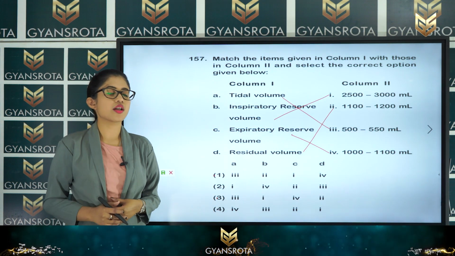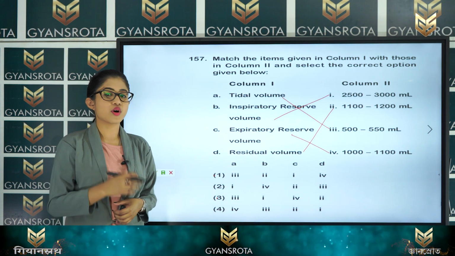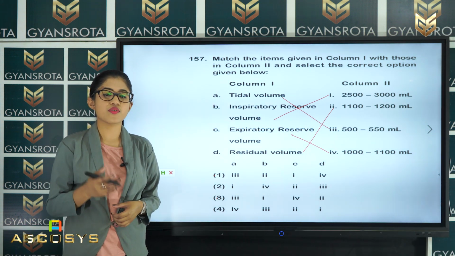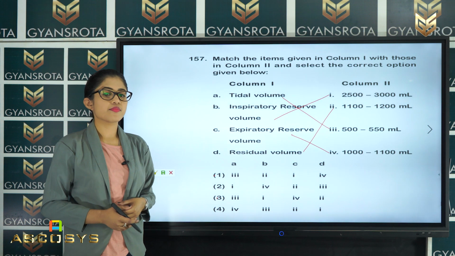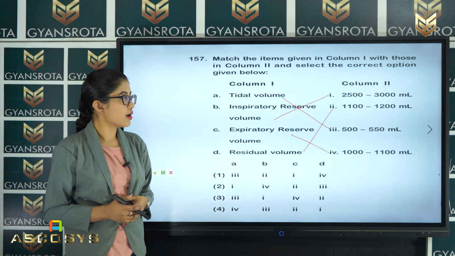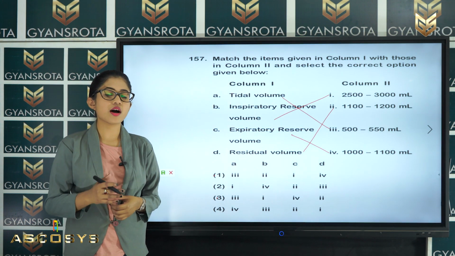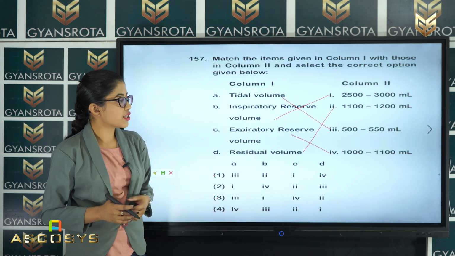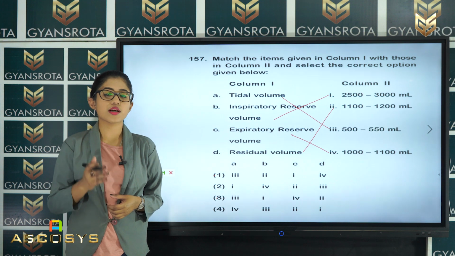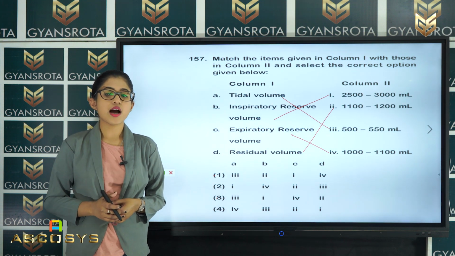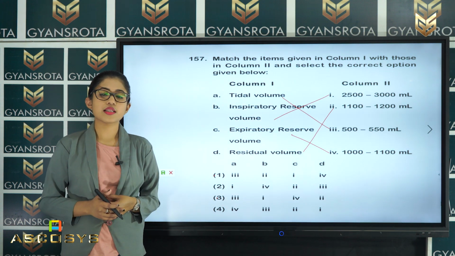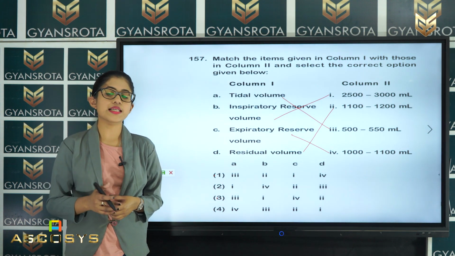After matching column 1 with column 2, we have got this result: tidal volume, which is in the range of 500 to 550 milliliters, then inspiratory reserve volume, which is 2500 to 3000 milliliters, then expiratory reserve volume, which is 1000 to 1100 milliliters, and the residual volume, which is 1100 to 1200 milliliters.